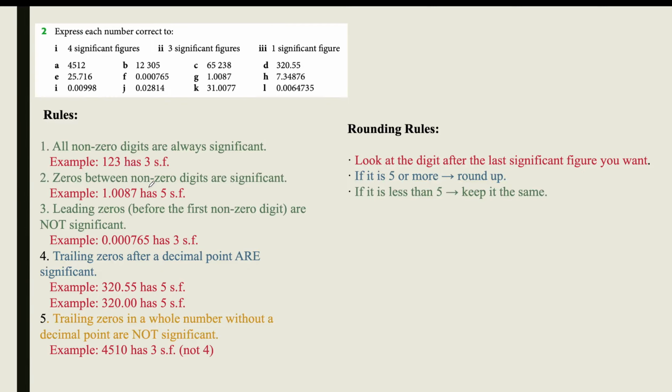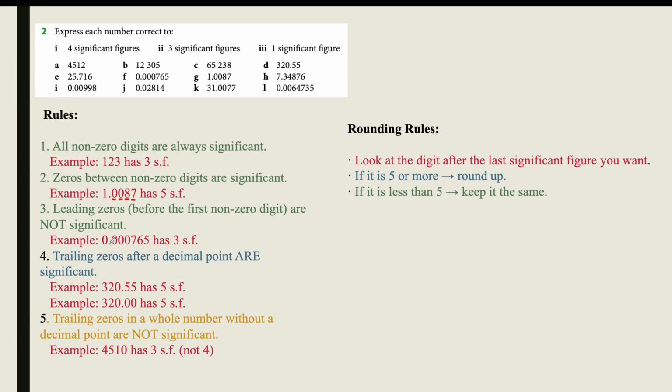Zeros between non-zero digits are significant. In here, 1 is the first significant figure, this 0 is the second, this is the third significant figure, fourth significant figure, and fifth significant figure. So when a 0 comes between non-zero numbers, they are also significant figures. Leading zeros before the first non-zero digits are not significant.